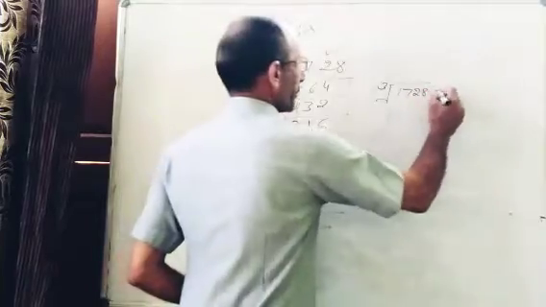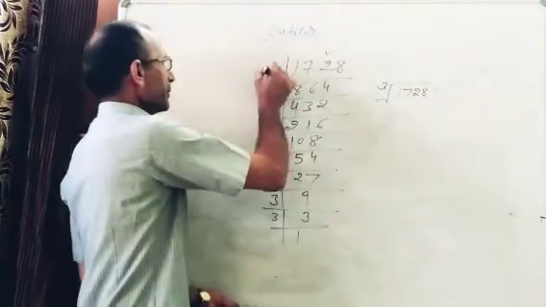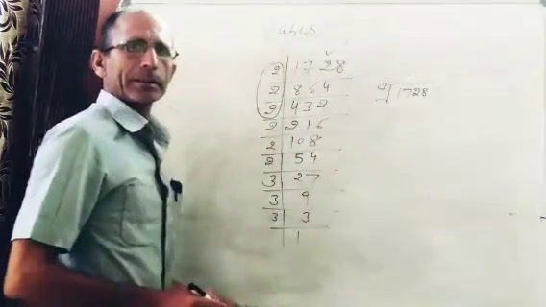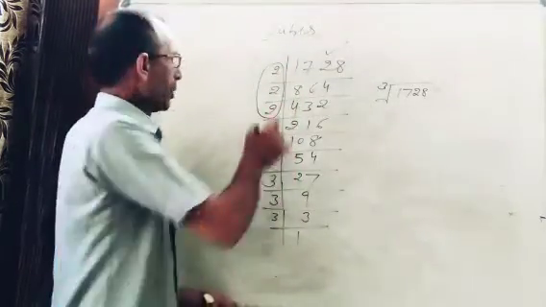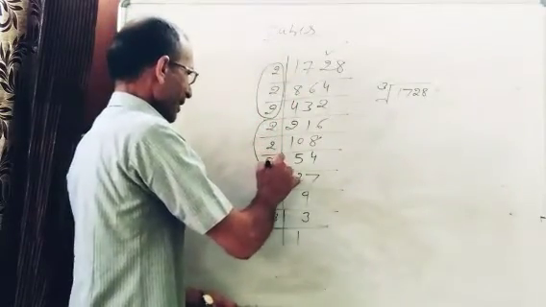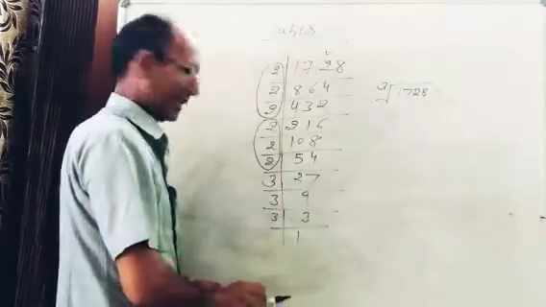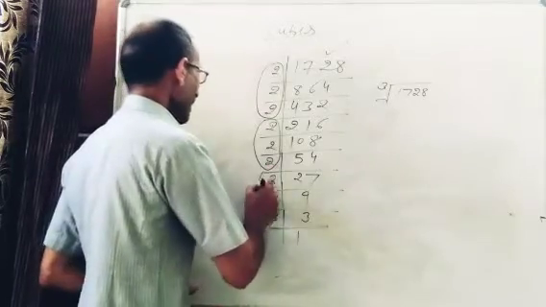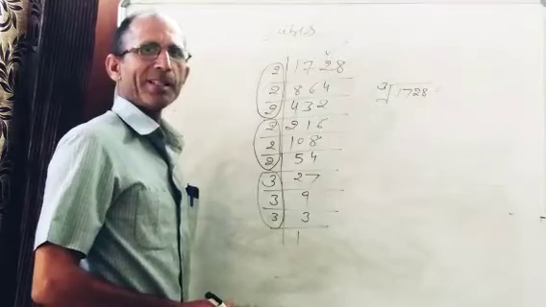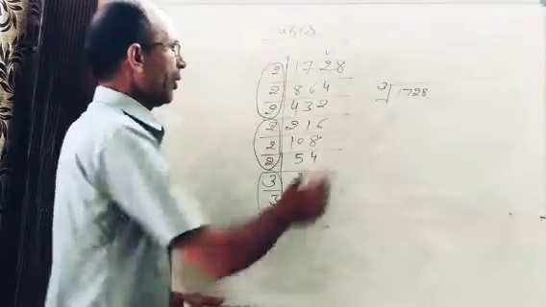So make groups of 3 same numbers, same factors. This is the first group, this is the second group, and this is the third group. So this is a perfect cube.